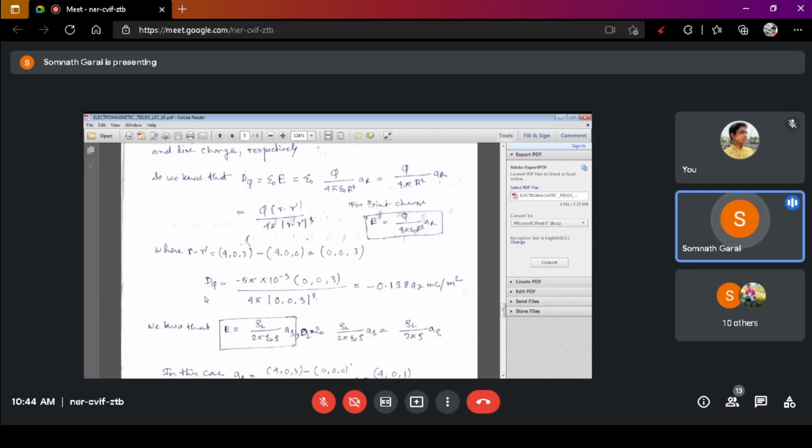That's why after calculating this we get the electric flux density with respect to the point situated at 4, 0, 3 as approximately minus 0.138 AZ millicoulomb per meter square. It is for 1 part.